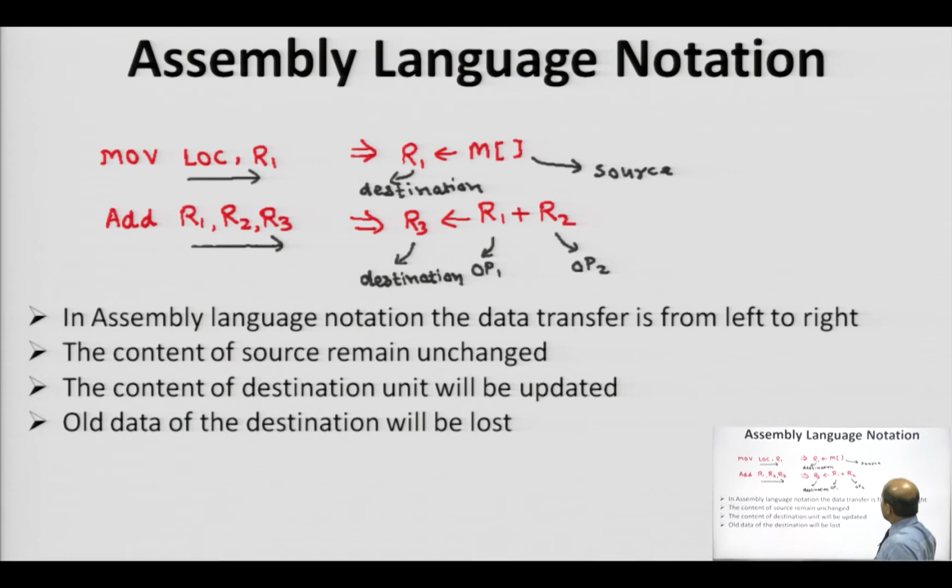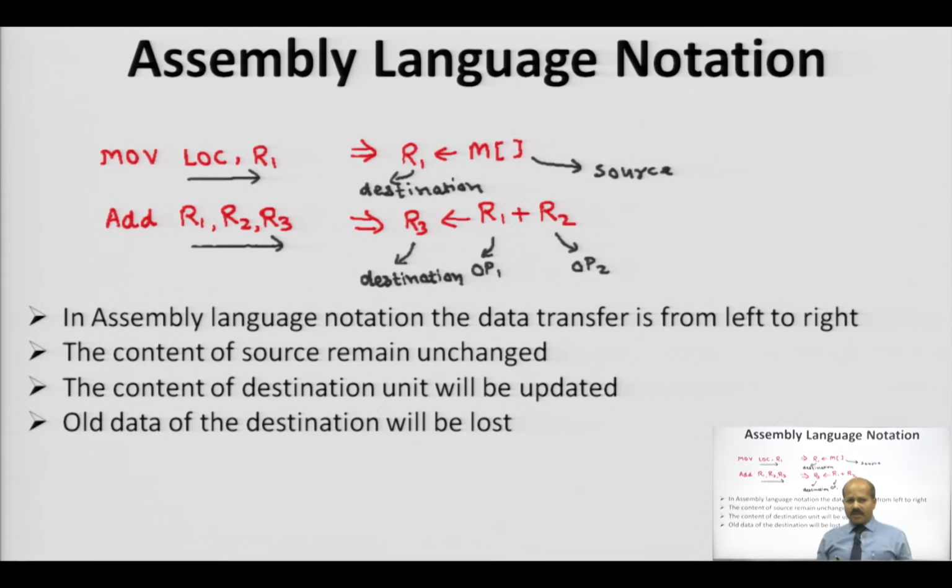So, in assembly language notation, let us have some examples. Move location, R1. It means we are transferring, or copying, the content from some memory location to R1.